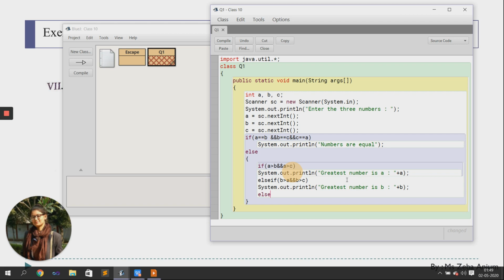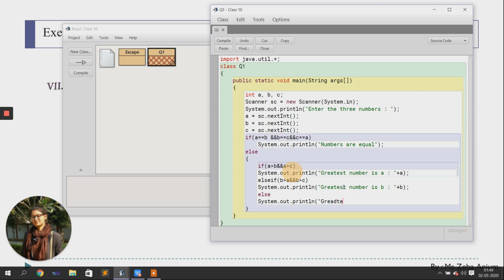If both conditions are false, then by default we say that c is your greatest number. So in this portion write: greatest number is c, and print the value there also. So we did our if else with the same.